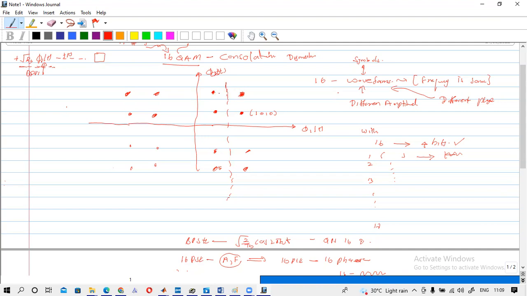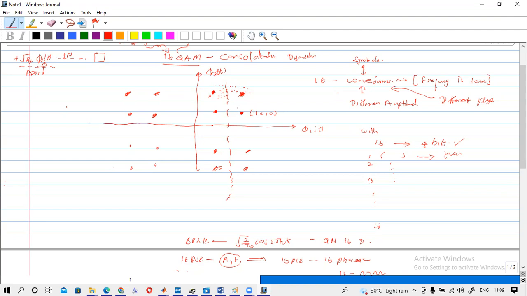If any symbol is within this section, you can estimate, or you can decide, that the received symbol belongs to this one. If the received signal is in this area, you can decide the received signal belongs to this symbol. And what about this one and this one?